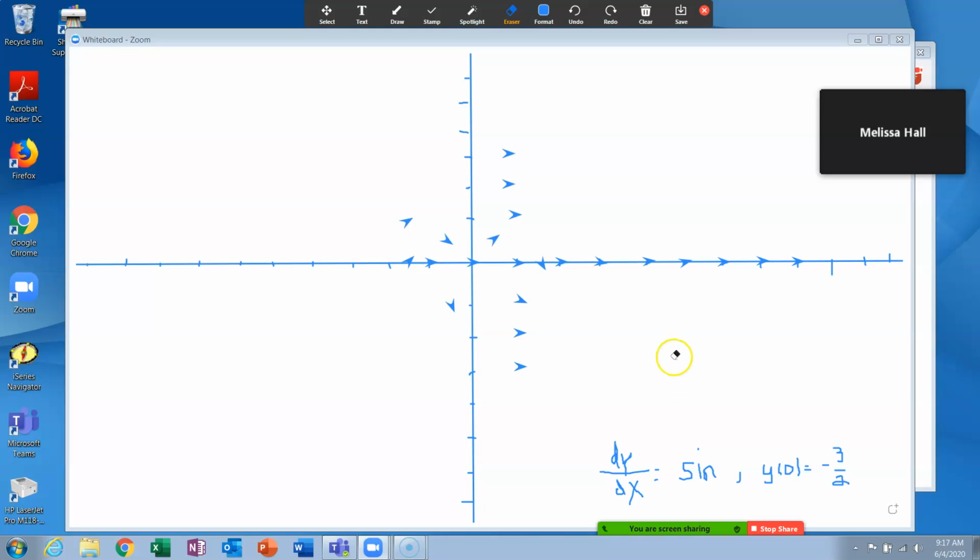I almost want to start over, but rather than start over, I'm just going to erase my arrows. Sorry about that. That's a sine y, not sine x. So this is not a linear differential equation.